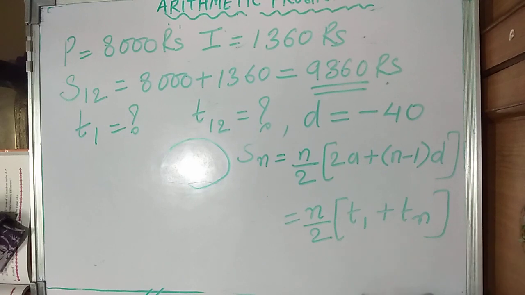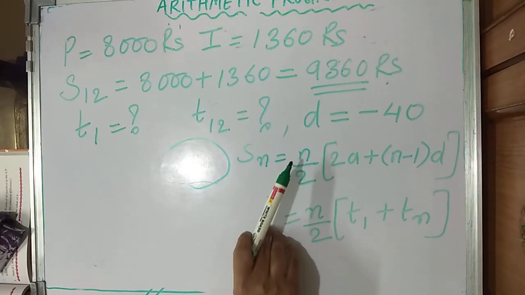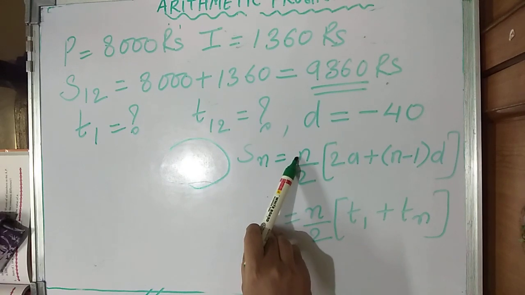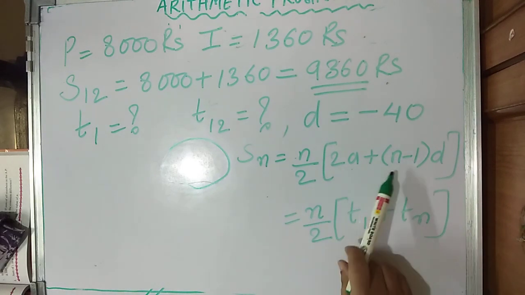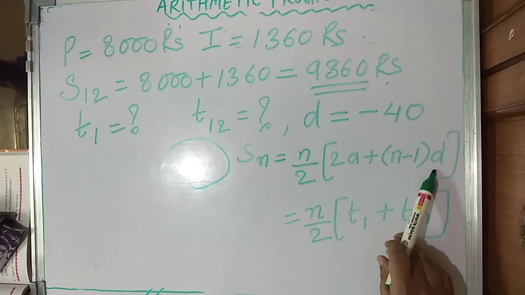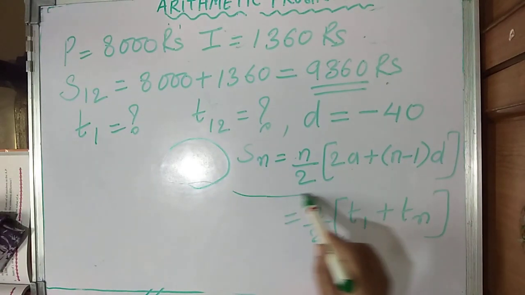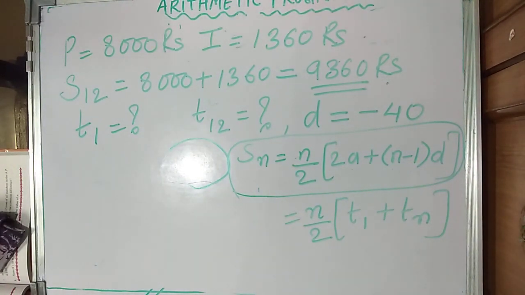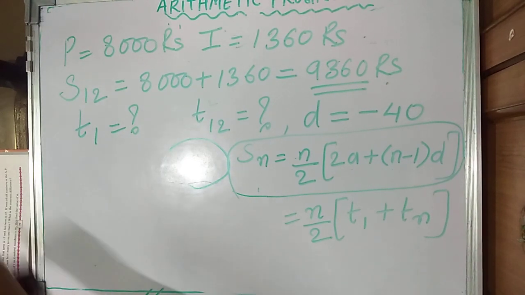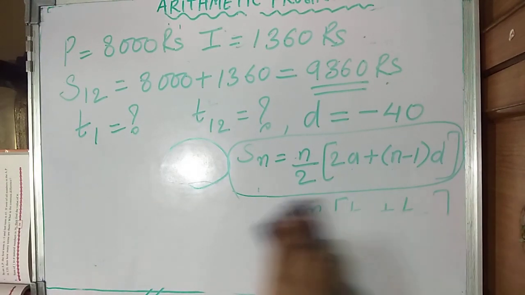We don't know the first term, we don't know the last term. Again we know n, and d also we know. So using this formula will be helpful. We need to use Sn is equal to n upon 2 into (2a plus (n minus 1) into d).